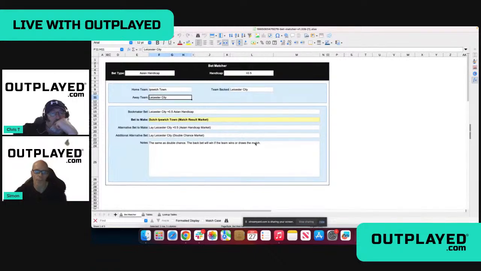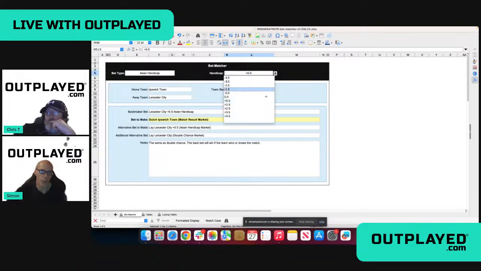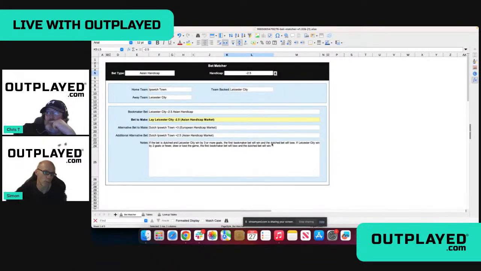This one here. So basically what this does is it tells you how to lay certain bets. You've got different options. So let's say it's an Asian handicap, a bit of a pain to work out how to lay Asian handicaps sometimes, to understand them. Say a plus 0.5 handicap, so you can fill in different options, minus 0.5, minus 2.5, and it tells you what to do.